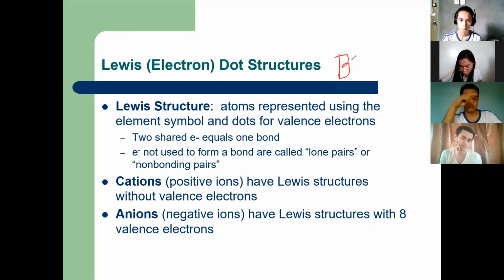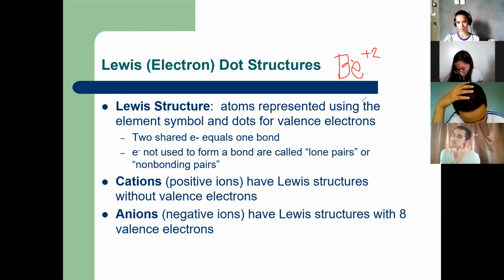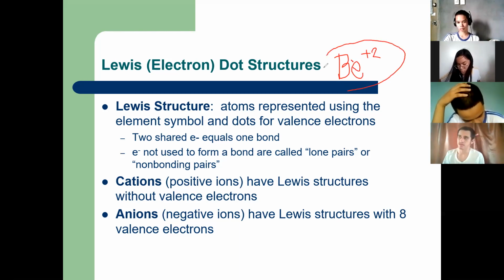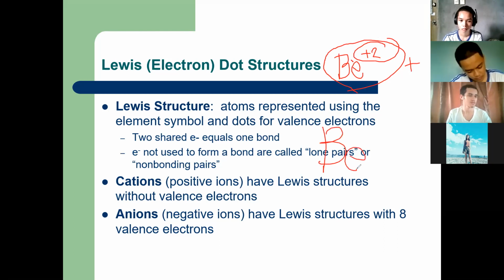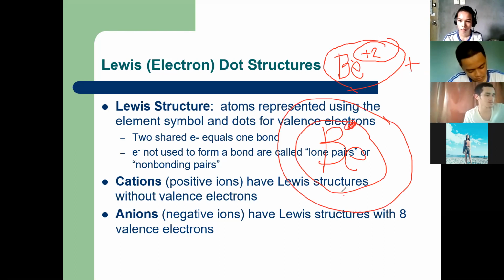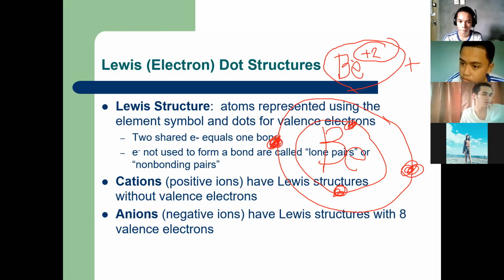So let me write it here. Beryllium is +2. If this beryllium will participate in a chemical bonding with oxygen with the ionization of -2, the idea is that beryllium, with 2 outer shells and 4 electrons, to achieve stability, will simply give off its 2 valence electrons.